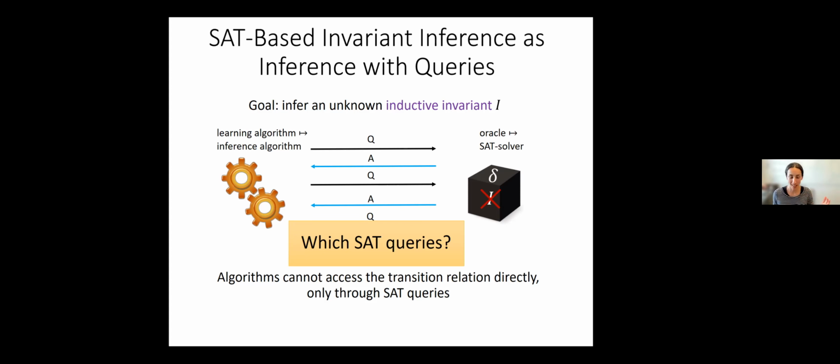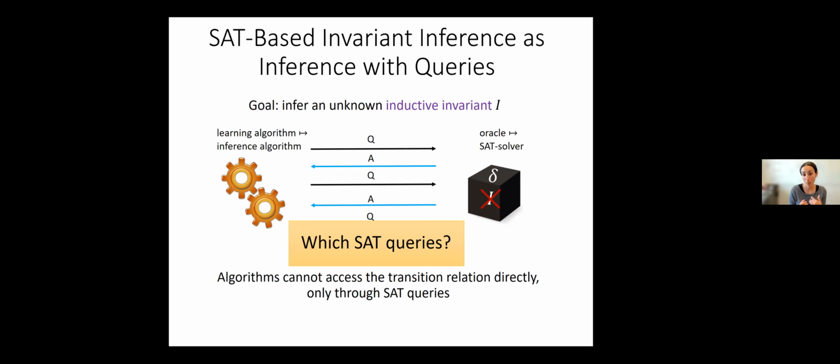They don't do static analysis. They don't do anything themselves with the transition relation. All they do is, when they want to check whether a candidate is inductive, or check reachability in a certain number of steps, they just take the transition relation as it is and send it to a SAT solver and let the SAT solver answer the question.